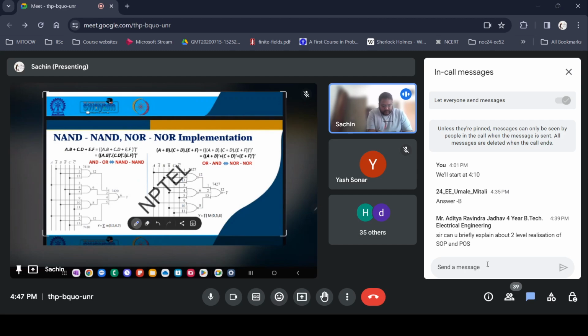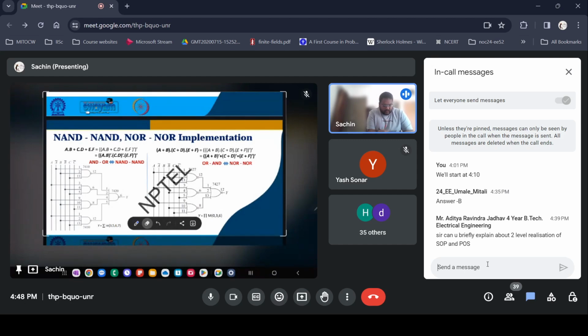And then you apply De Morgan's law to the inner expression. So De Morgan's law, what does it say? A plus B plus C whole bar will give you A bar and B bar and C bar. So each of these terms is complemented and ANDed together, and there was a complement outside that.